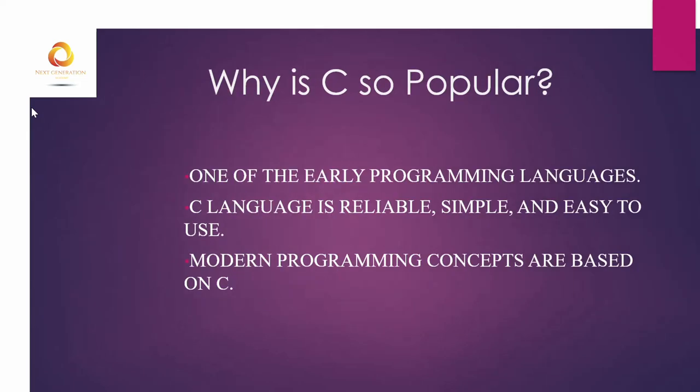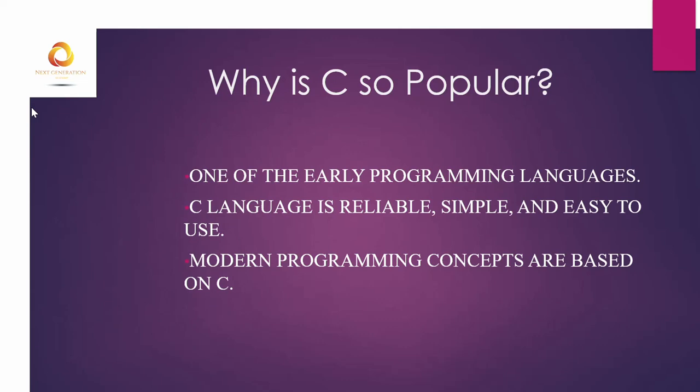Moving on, we'll be looking at why C is so popular. So the first reason is because it is one of the early programming languages. C was one of the early programming languages where people could easily write computer programs. It's not like before C there were no other languages.